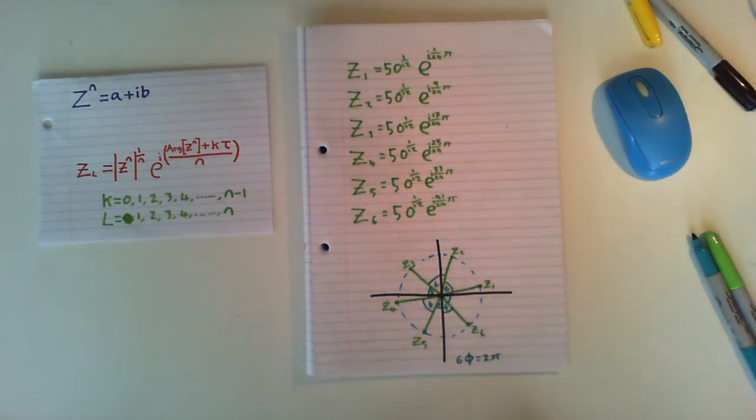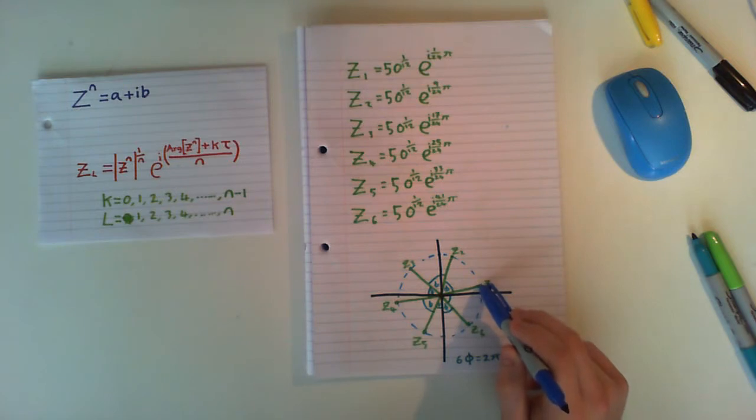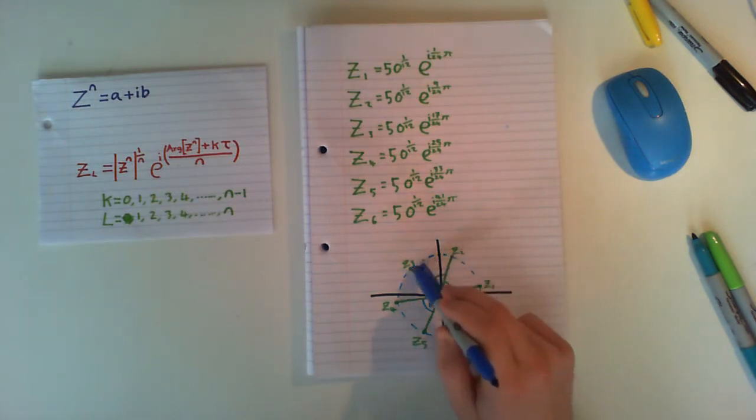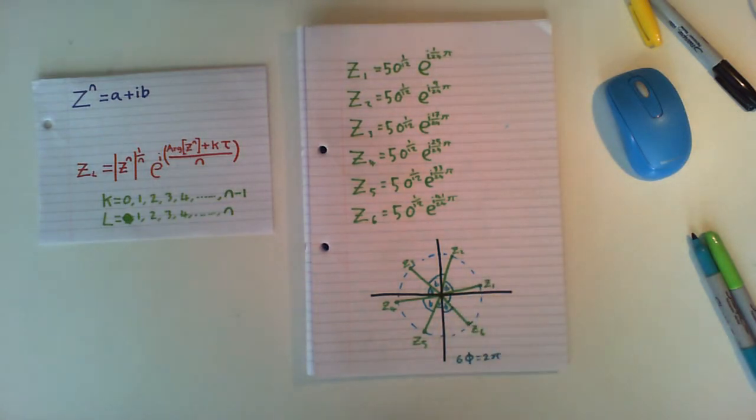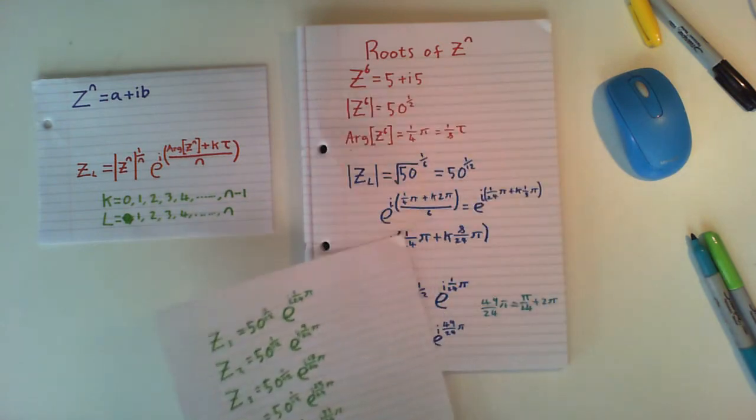So all of these spacings are equal. Their magnitudes are all equal. We're starting at 1 over 24 pi and going all the way around. And if you went from z to the 6 to z to the 7, you get back to z to the 1, which is why z to the 7 doesn't exist. That's basically how we find all the roots of a complex number.